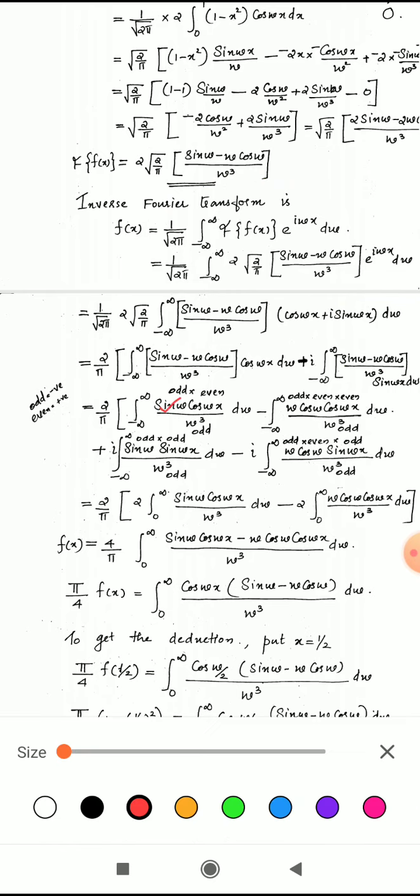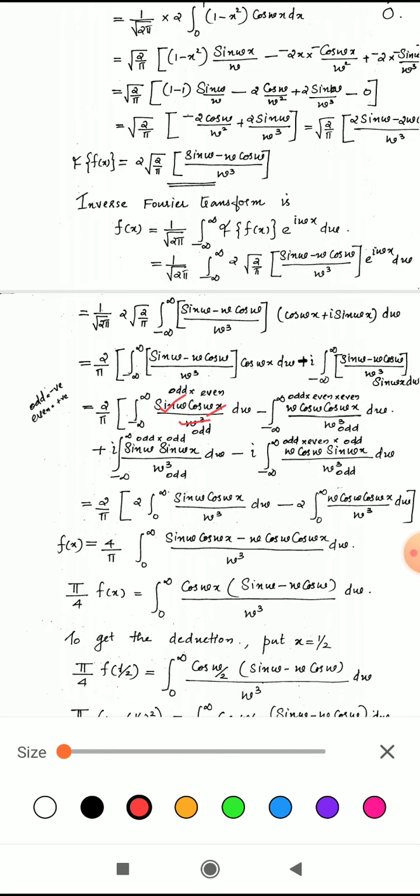First consider sin omega. Sin omega is an odd function. Next cos omega is an even function, and it is divided by omega cube. Omega cube, odd power terms, are odd functions. So odd into even is an odd function. Odd by odd is an even function.